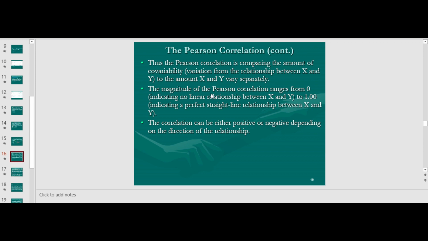The magnitude of Pearson correlation ranges from 0, indicating no linear relationship between the two, to 1, indicating a perfect relationship between x and y. The 1 can be positive or negative. This correlation can be either positive or negative depending upon the direction of the relationship.